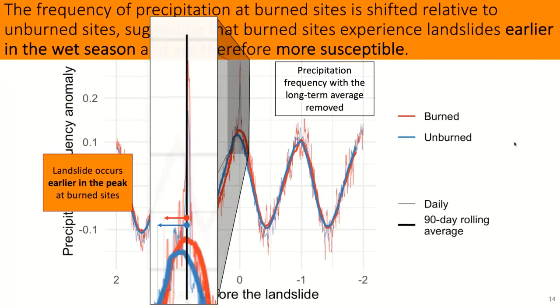You can see the red arrow there, which is going to the edge of the peak from the landslide, is shorter than the blue arrow. And this also, we think, means that the burned sites are more susceptible to landslides, because it doesn't take as much of that wet season precipitation building up soil moisture in order to trigger the landslide.